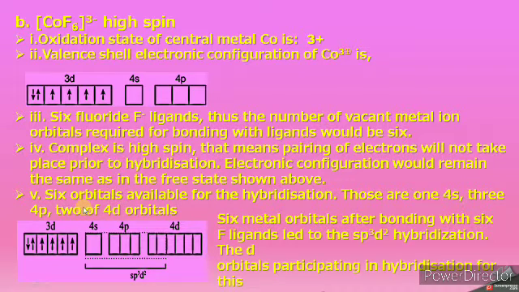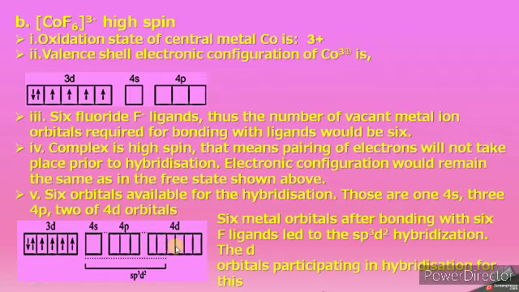So but we require 6 vacant orbital. So the 6 orbitals available for hybridization in cobalt electronic configuration: 1 4s and 3 4p are available. So next to that is 4d orbital, because there is no pairing in 3d orbital.